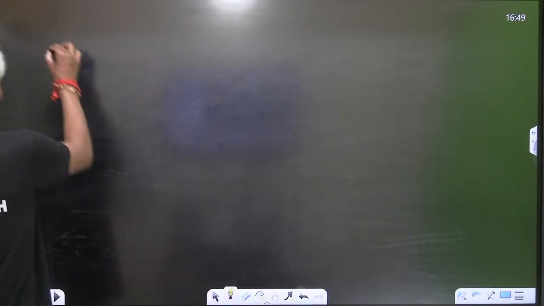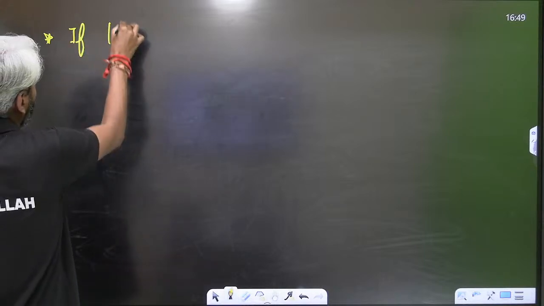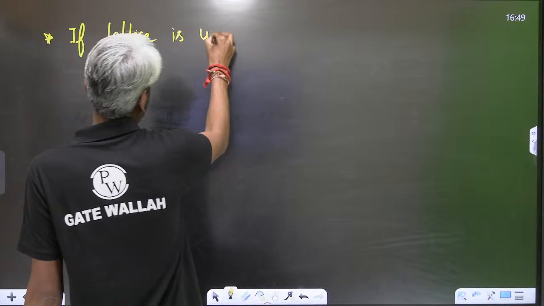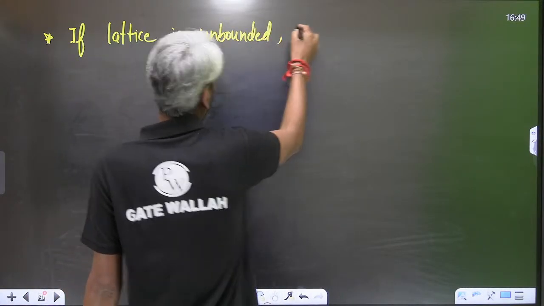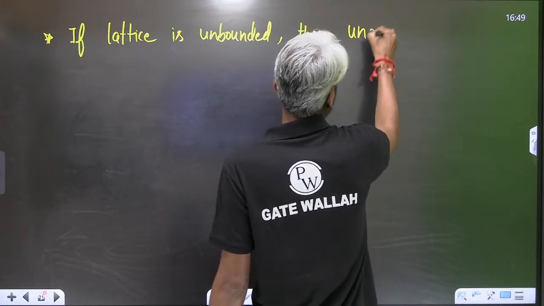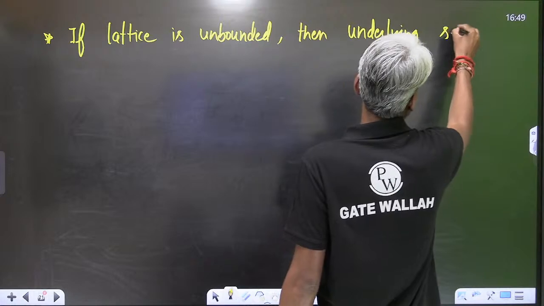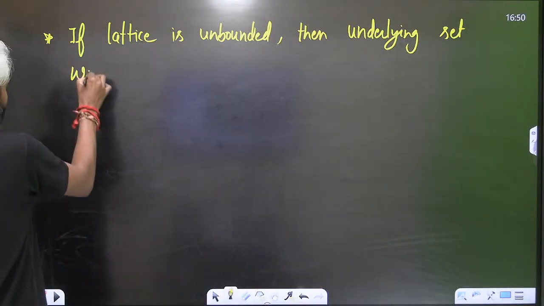So, please note: if a lattice is unbounded, then the underlying set will be an infinite set.